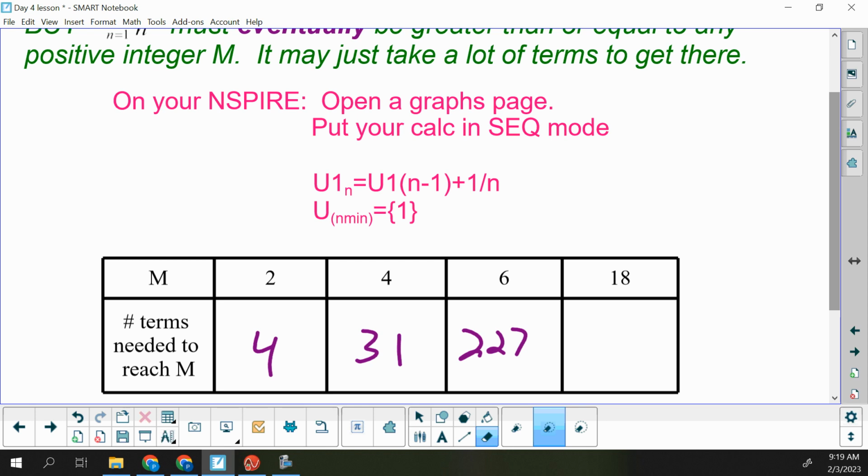It might take a while to scroll there, but it'll eventually get there. So no matter what positive value you tell me, we can go out to enough terms in the harmonic series and we will eventually get to that. So that's just a rough way to wrap your head around the fact that yes, it does actually diverge, because we will eventually add up to every single possible number you could throw at us.